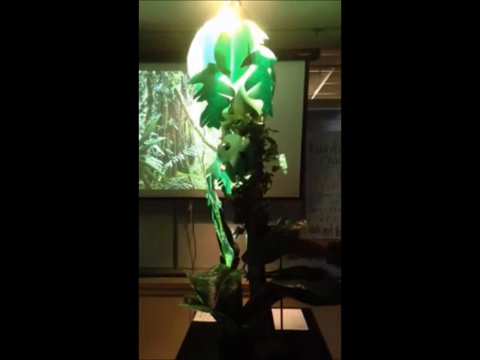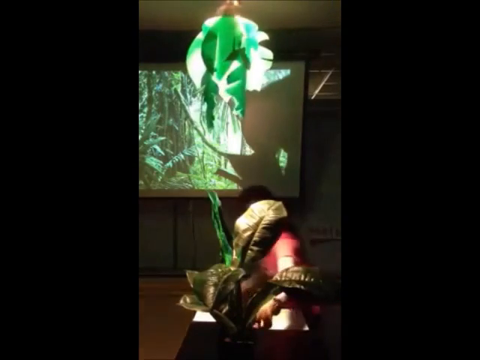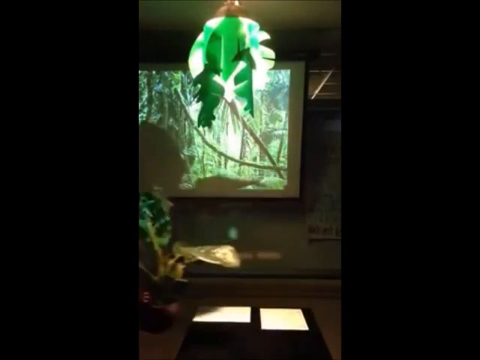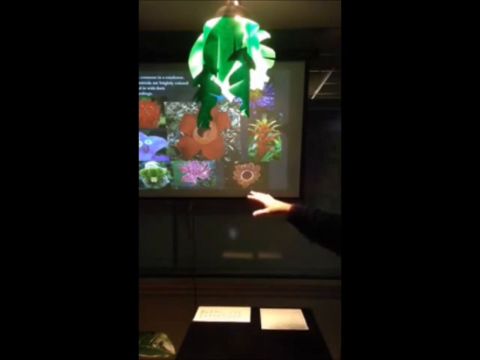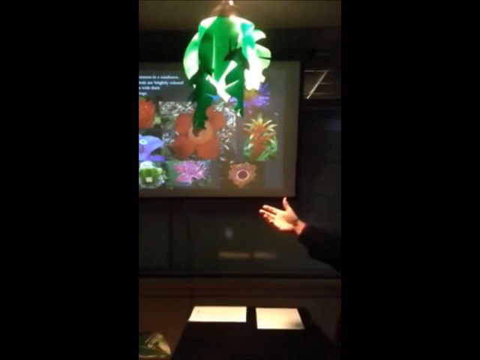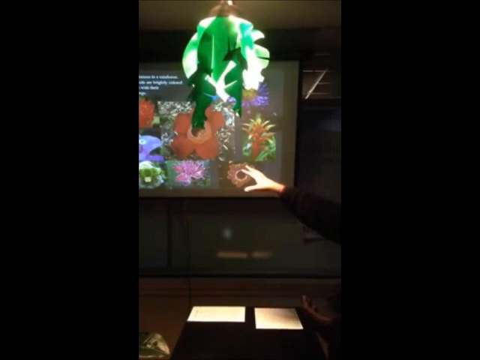Okay, let's take our tree of science out of here. And we'll move our forest floor plant. Okay. All right. Some other characteristics. There are a lot, once again, a lot of biodiversity. We have very colorful flowers.